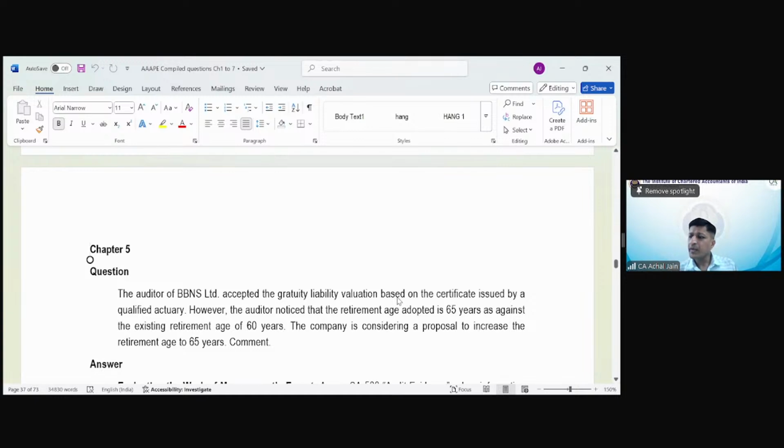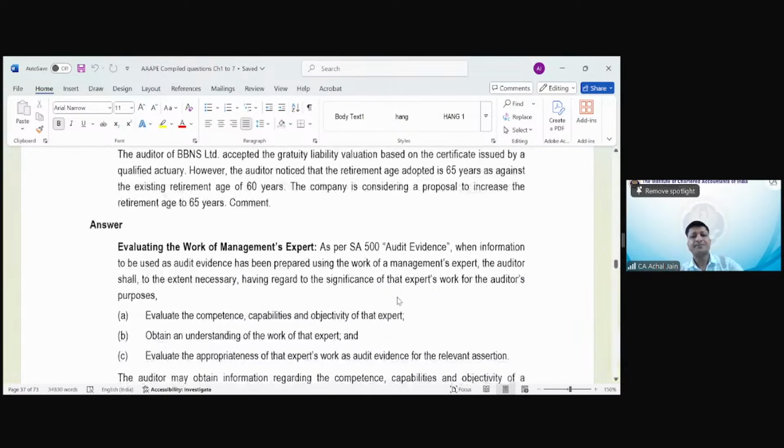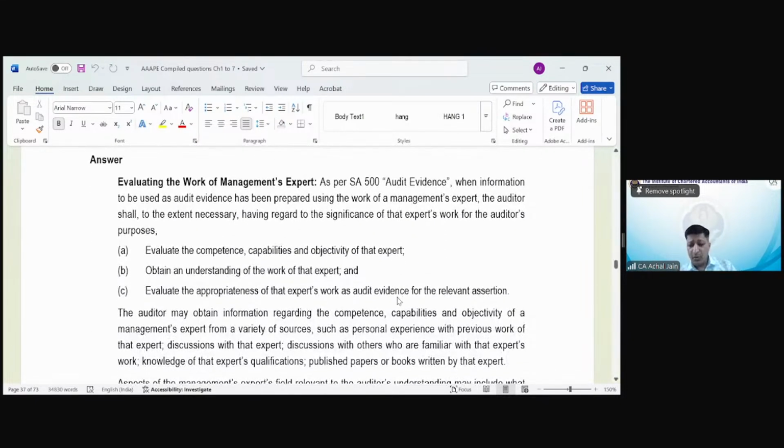Okay. So, let's look at this. See, over here, we have an expert involved, correct? The expert is that of the management, because the actuary is a third party and actuarial valuation is more of an expert job. So the management has involved an actuary.